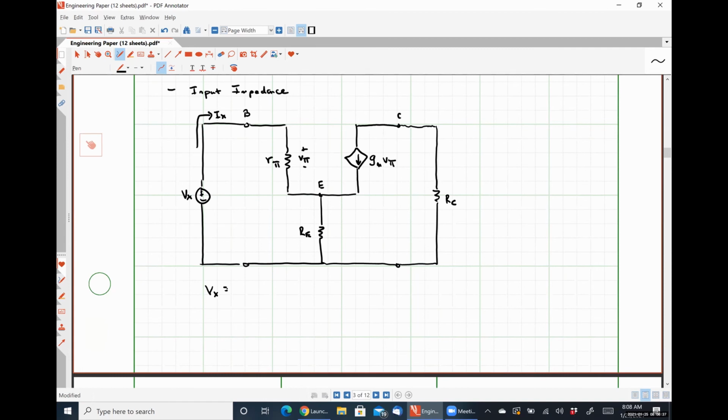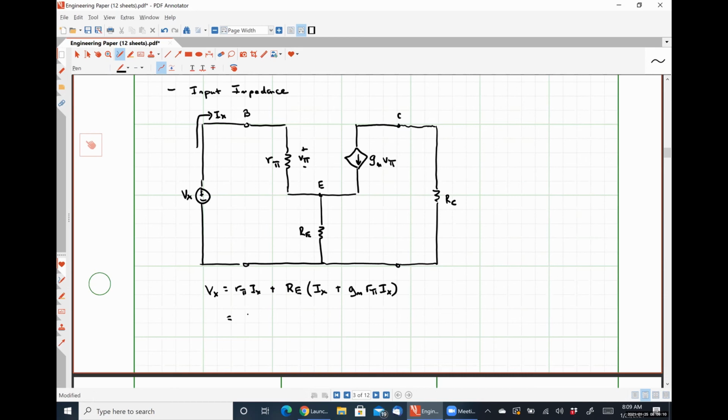So I can express v_pi as r_pi times Ix, and I can express the voltage drop over the resistor RE as Ix, because that current flows into that node from B to E, plus gm times v_pi, which I know to be r_pi times Ix.